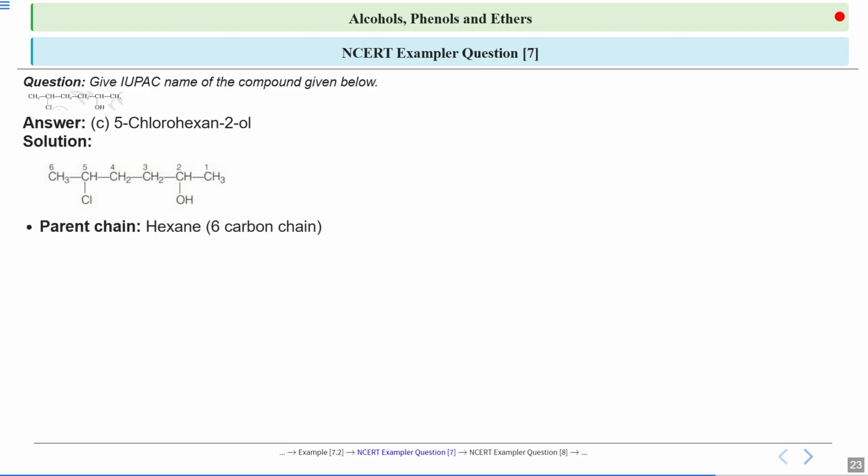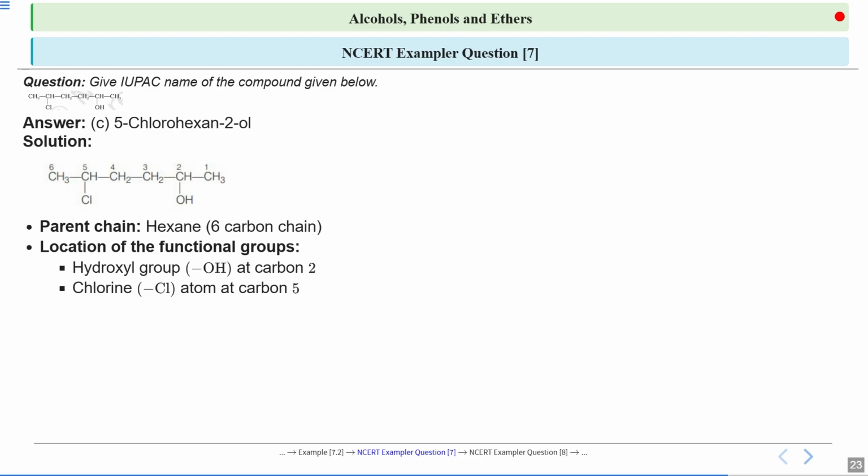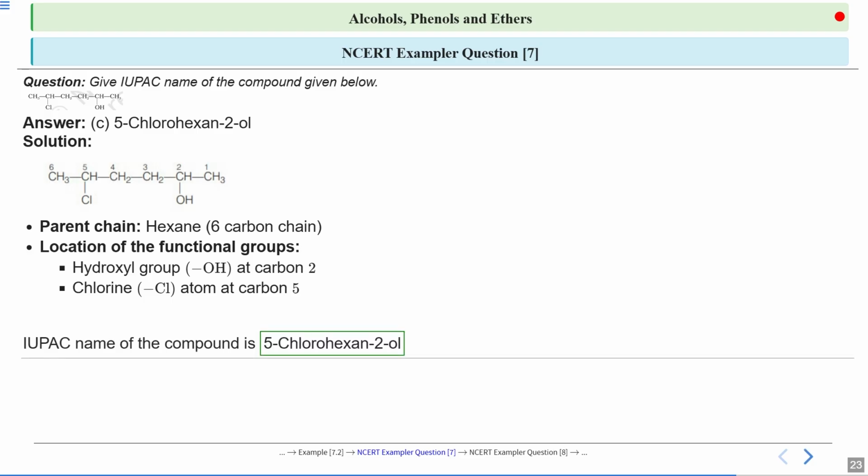The parent chain is hexane, a 6-carbon chain. We have the hydroxyl group at the second carbon and a chlorine atom at the 5th carbon. The IUPAC name will have the substituent first, so 5-chloro, then the word root hex, then the primary suffix ane, and then the secondary suffix 2-ol. Hence our correct answer is option C.